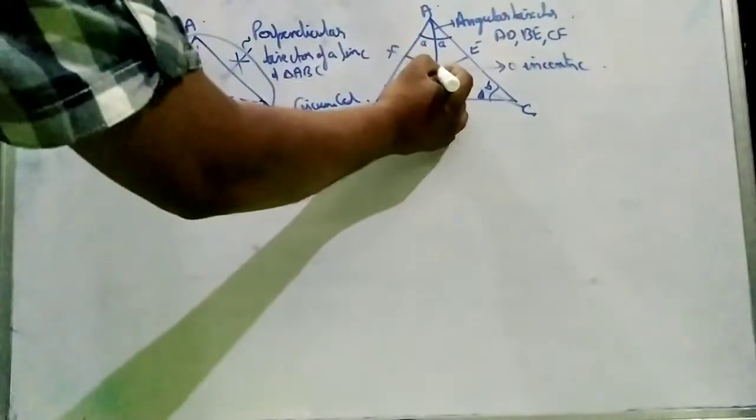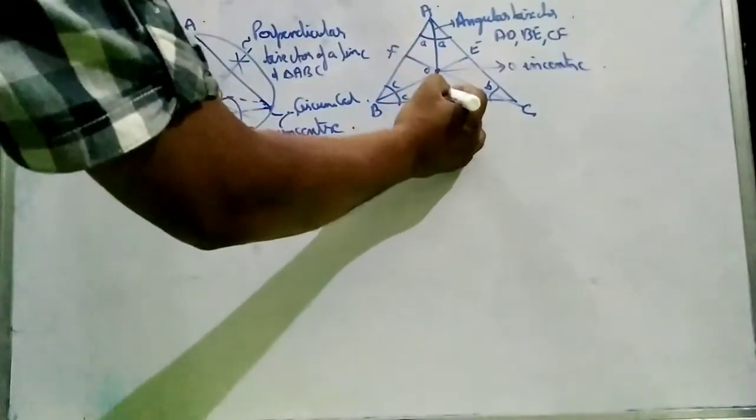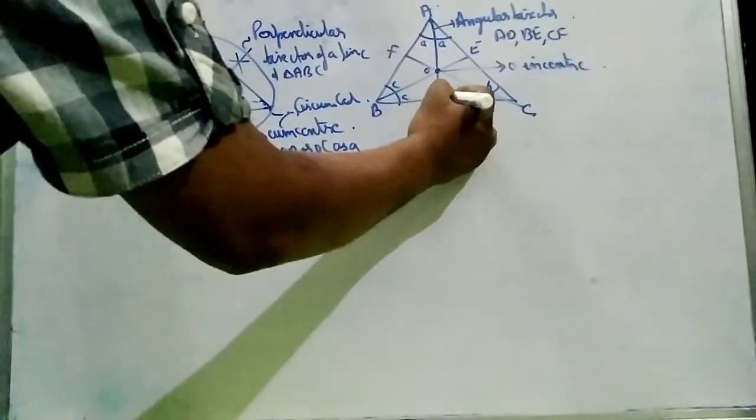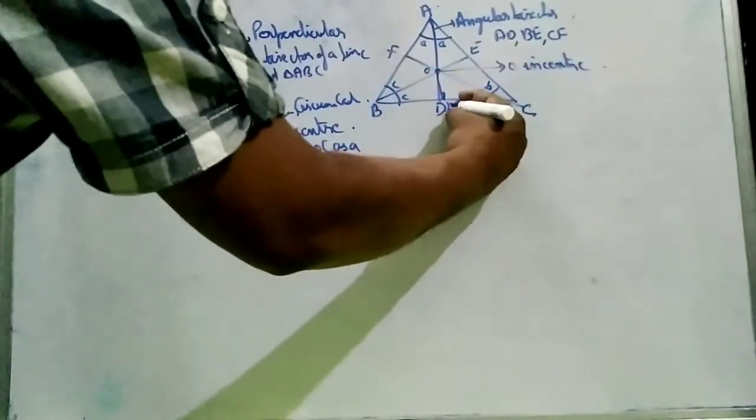From the incenter O as the center, drop a perpendicular on the base, OD, which is perpendicular to BC.